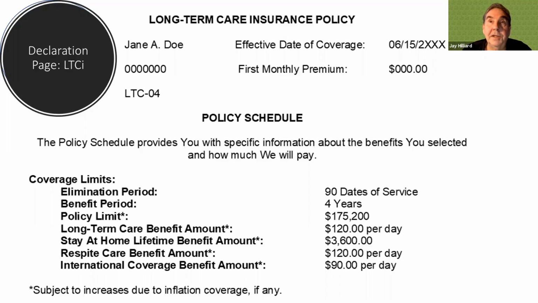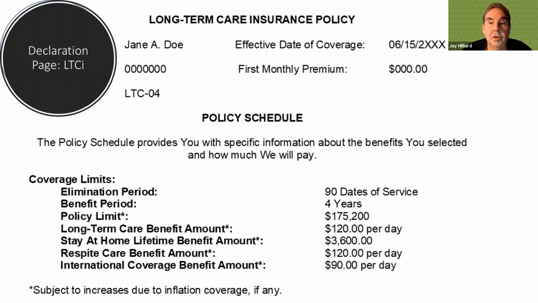What respite care means is if you have an unpaid caregiver, like a loved one or someone, and they need a break or they need to go somewhere or have an appointment, you can hire someone and they would be paid up to $120 a day to compensate for the unpaid caregiver.